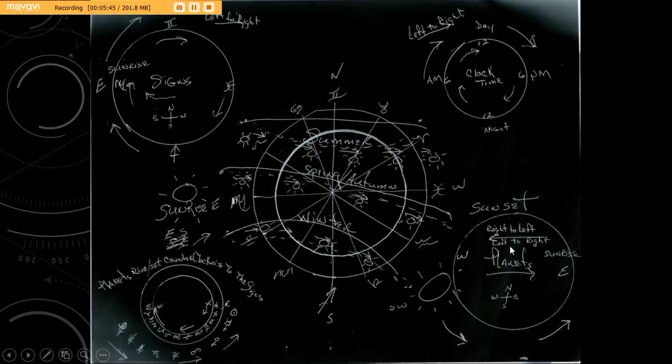The planets move from right to left, and the signs move from left to right. So you see a similarity here? Sure. You'll see the signs operate as the clocks do.